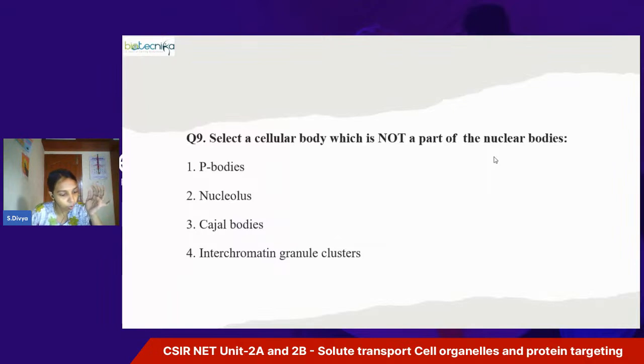You can see Rahul, Kirtana, and Anusha have given the answer. Absolutely correct. Nuclear bodies we call membraneless structures. That means they do not have any defined boundary. The way the nucleus is surrounded by a double membrane, these small structures do not have defined boundaries.